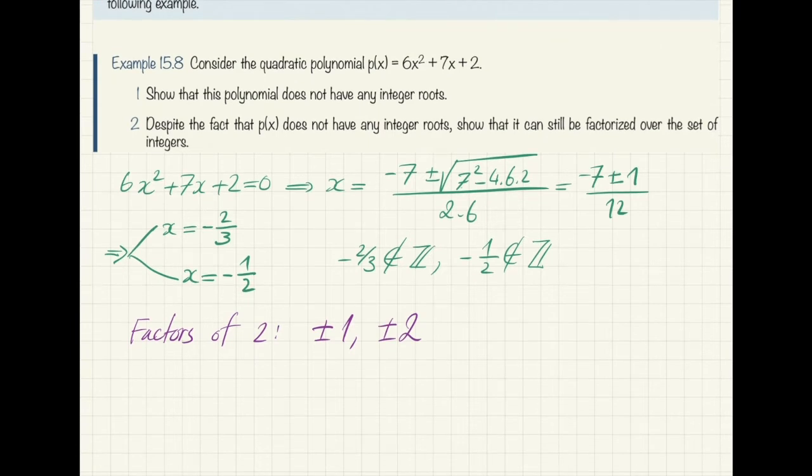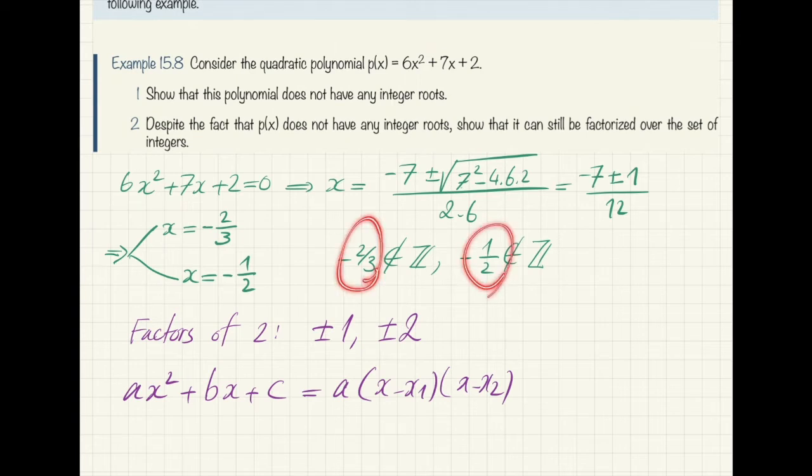Why? Do you remember? I told you a formula in one of the previous lectures that if I have ax squared plus bx plus c, I can write it as a times (x minus x1) times (x minus x2), where x1 and x2 are the roots of that quadratic equation. I know my roots here now, so let me use the formula.